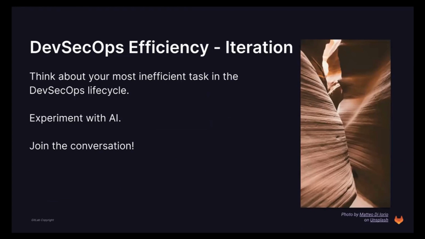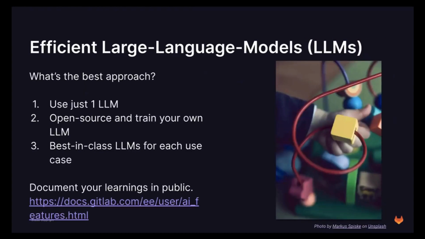So my ask for you is to think about your most inefficient task in the DevSecOps lifecycle, experiment how AI can help, and join the conversation, create product proposals, join the community, discuss that to help make it better. And last but not least, I also was thinking about how these large language models work and how to make their usage more efficient.